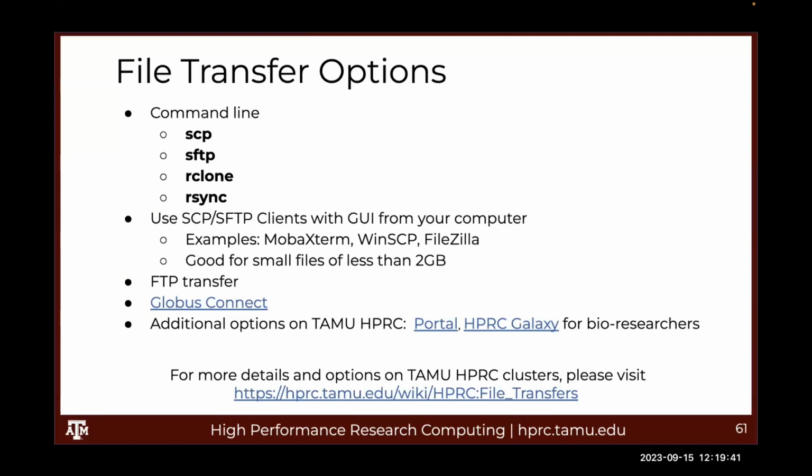FileZilla is a thing, and that's good for smaller files. We also have Globus Connect, which is a really fast data transfer method to transfer files between your local machine or between two different remote machines. That's a kind of web interface. You can also upload directly to our portal, which is really nice.